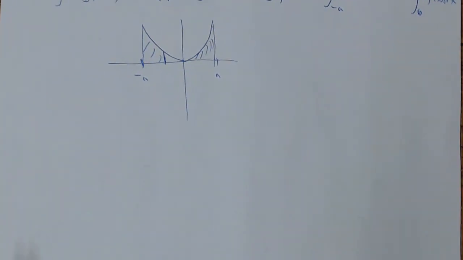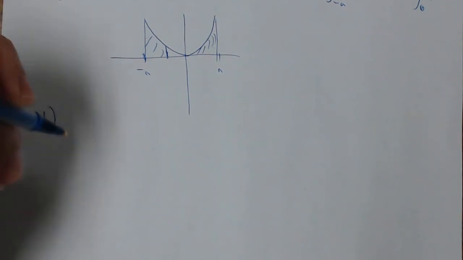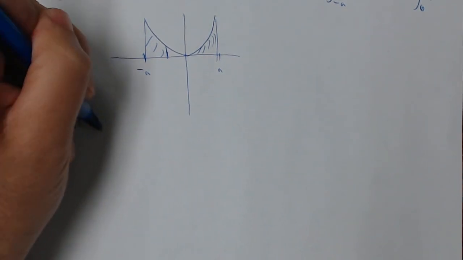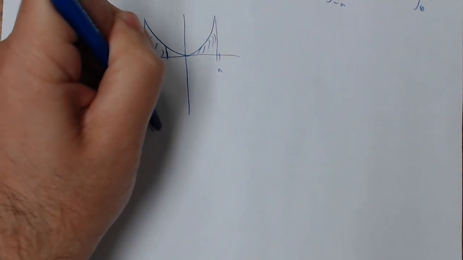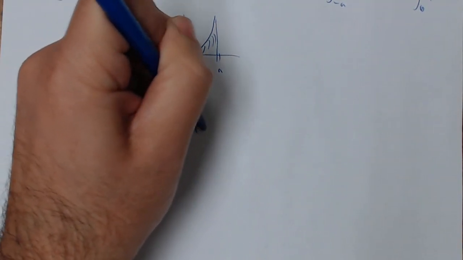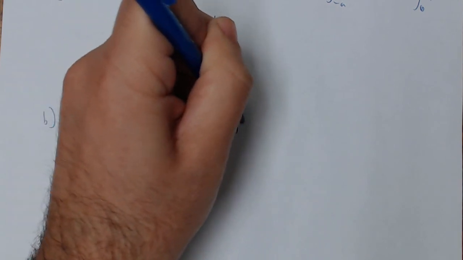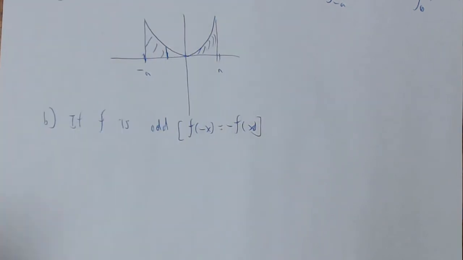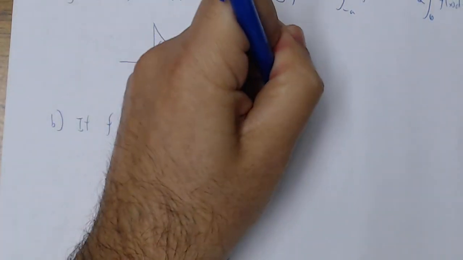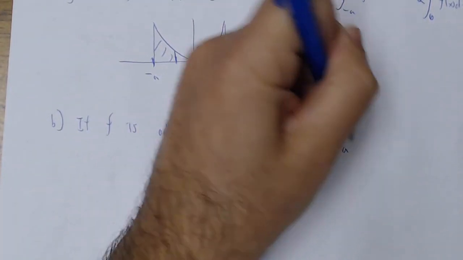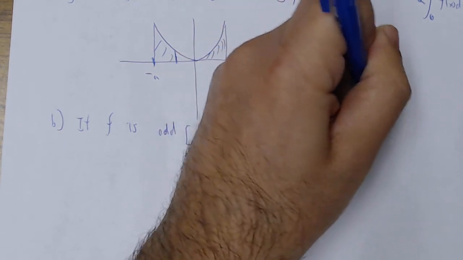Okay. Now part B, which is even more convenient and makes things much simpler. If f is odd, which means f of -x equals -f of x, my y values are exact opposites at opposite x values. Then the integral from -a to a of f of x dx.